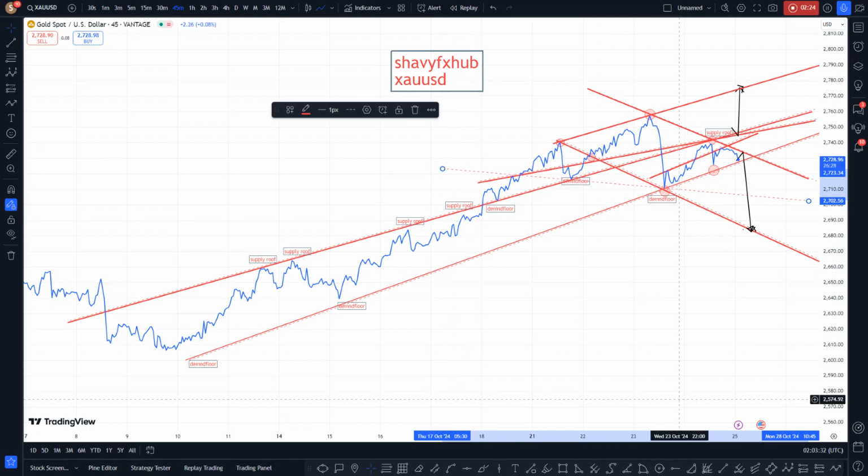At this level, price might come down here and show us some meaningful reaction at this level.